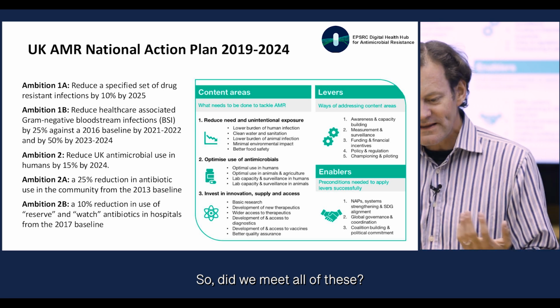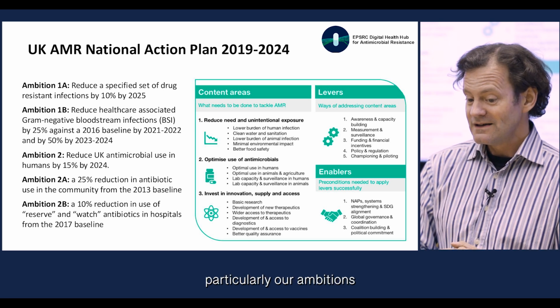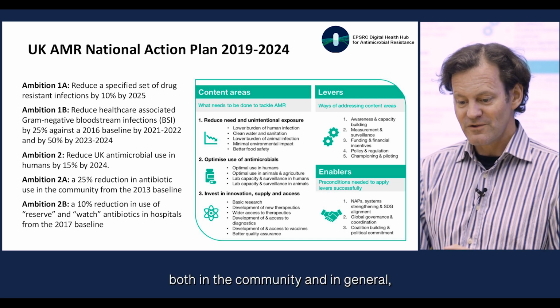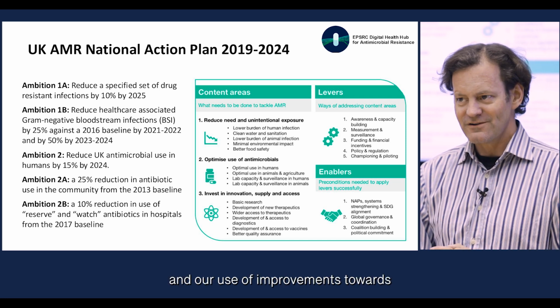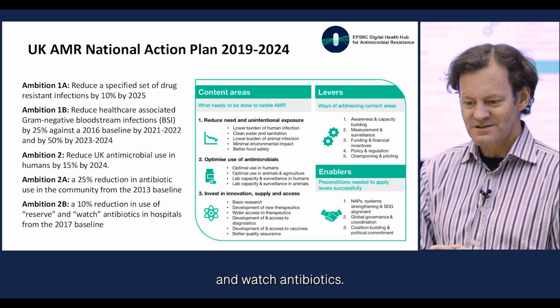So did we meet all of these? Well, not quite. Some of them we came very, very close to, particularly our ambitions around antimicrobial usage, both in the community and in general, and our improvements towards limiting the amount of reserve and watch antibiotics.